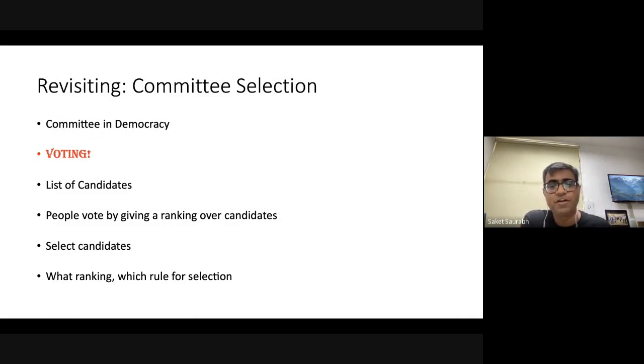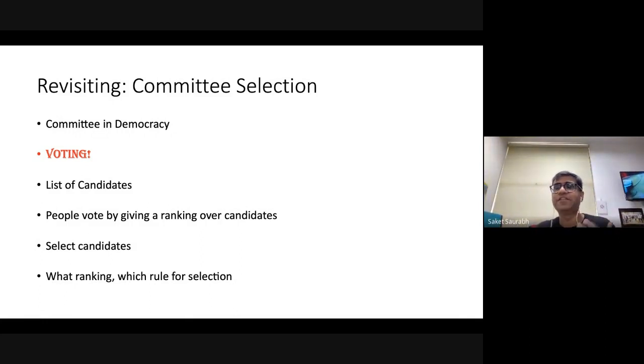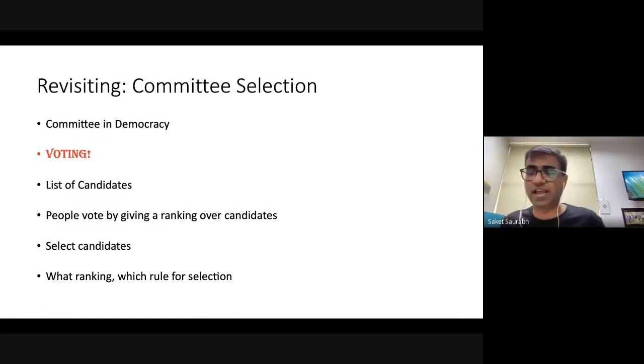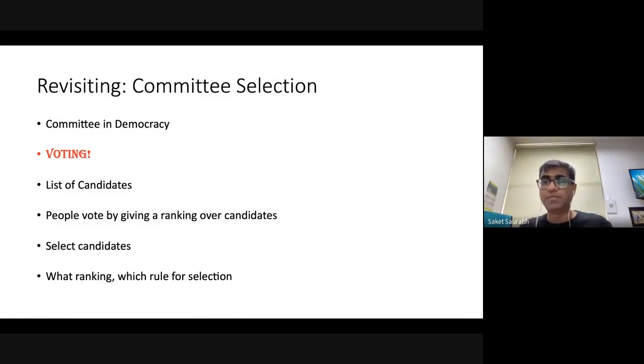This leads to different notions of selecting a committee, selecting a winner. You will learn a lot about this in some three to four talks when you learn voting and liquid democracy and some of these things, the different sets of rules that people have used in practice as well as in theory to select a committee, a group of people with certain preferences.